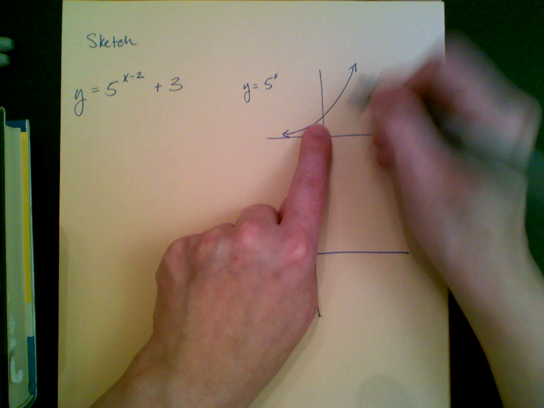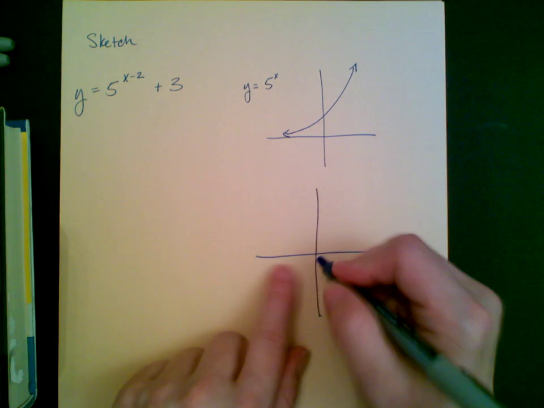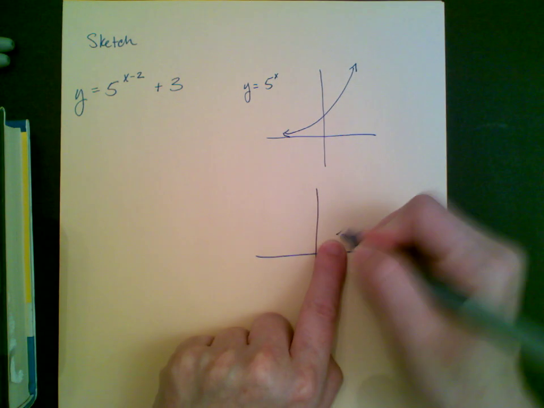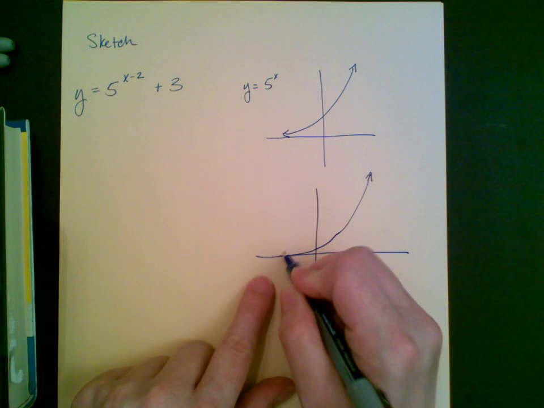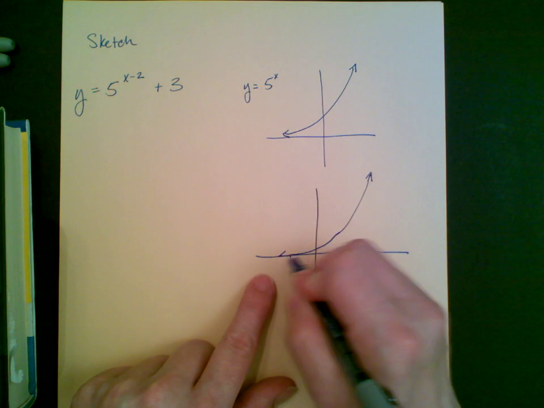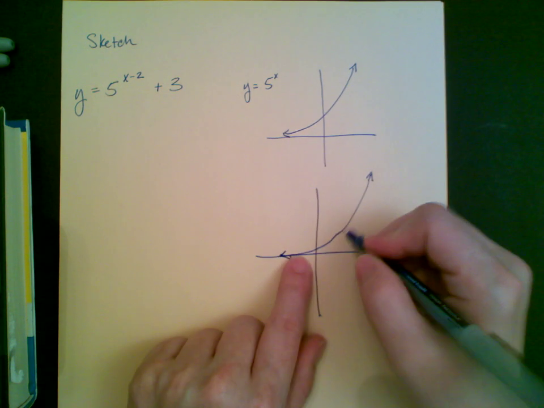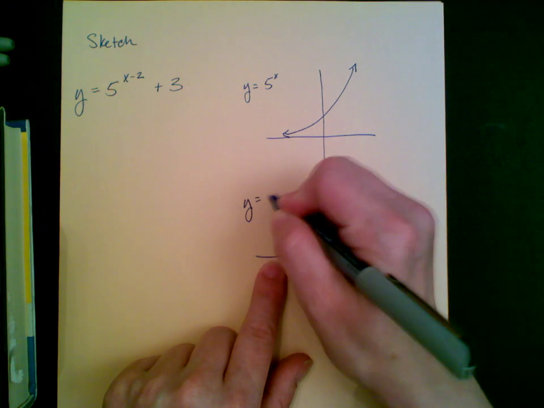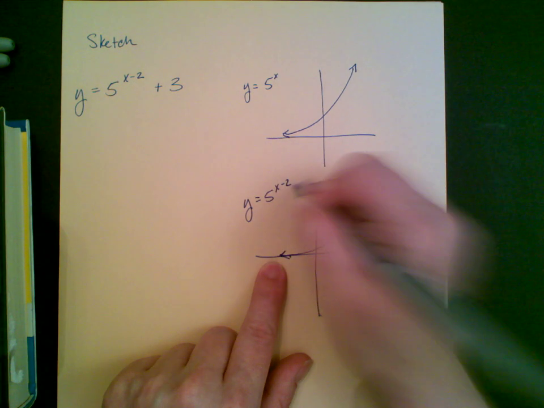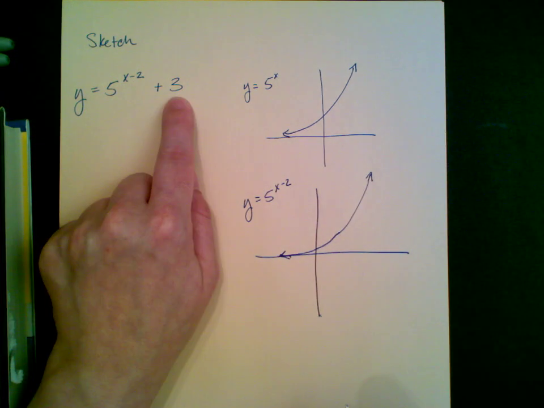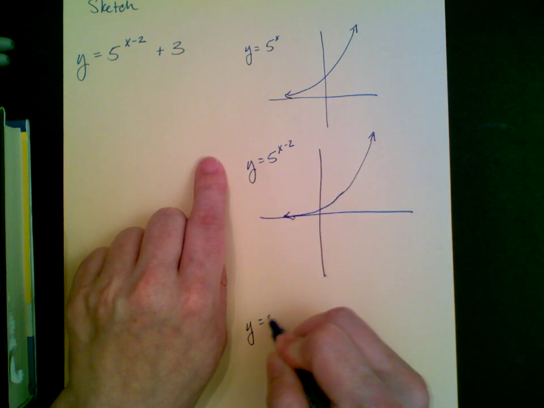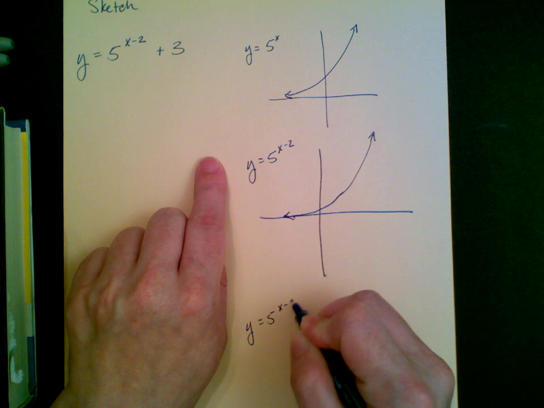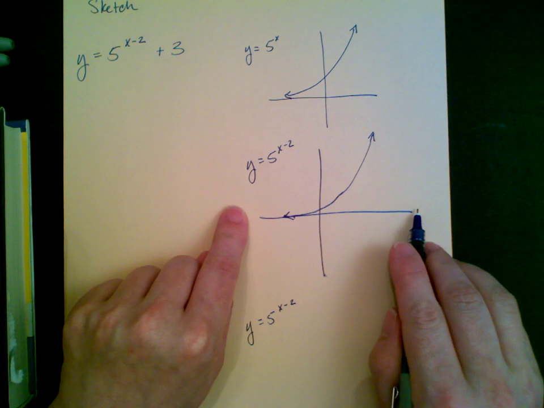So everything is going to get shifted this way. I'm going to sketch this roughly, like that. So that's my sketch of y equals 5 to the x minus 2. And then finally, I'm going to shift it up 3 units. When I do this, I'm also going to shift my horizontal asymptote up.